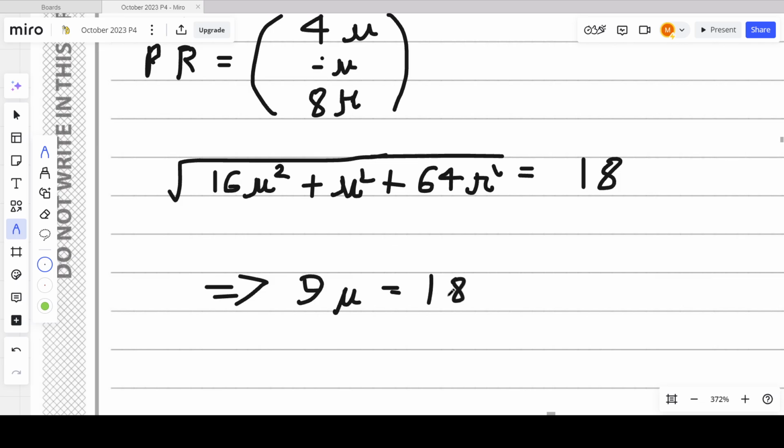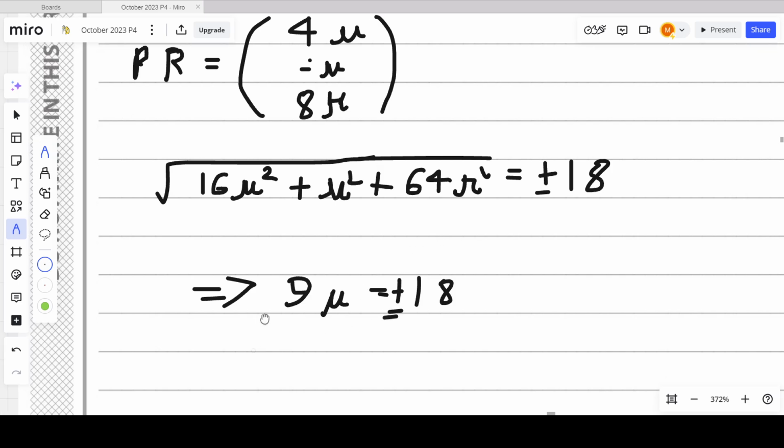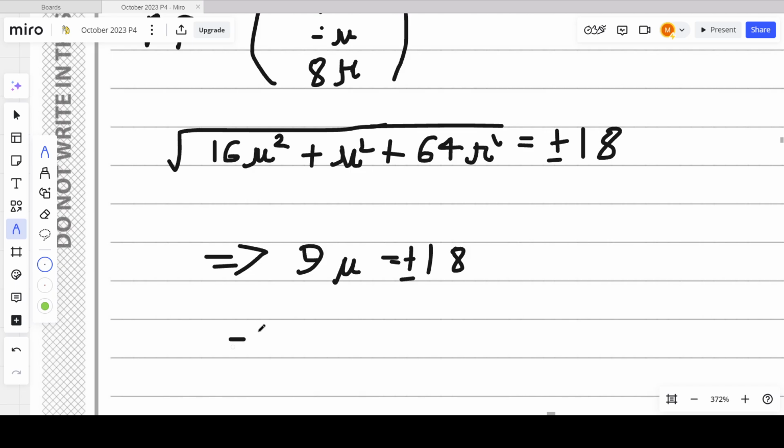So we got 9 mu, and it could be plus or minus. Why? Because the square root of something is plus or minus. The square root of 324 should be plus or minus 18. So you will have two possible values for mu, either plus 2 or minus 2.